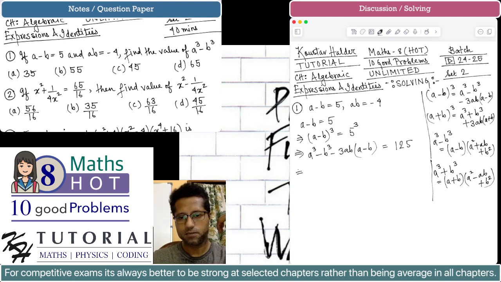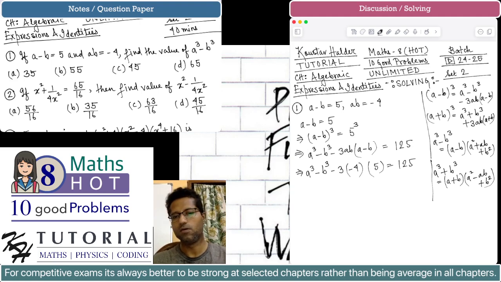Now we can see a cube minus b cube minus 3ab. Now ab we know is minus 4, and also a minus b we know is 5, is equal to 125. So directly we can now find the value of a cube minus b cube.